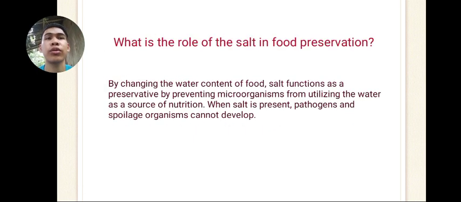So what is the role of salt in food preservation? By changing the water content of food, salt functions as a preservative by preventing microorganisms from utilizing the water as a source of nutrition. When salt is present, pathogens and spoilage organisms cannot develop.